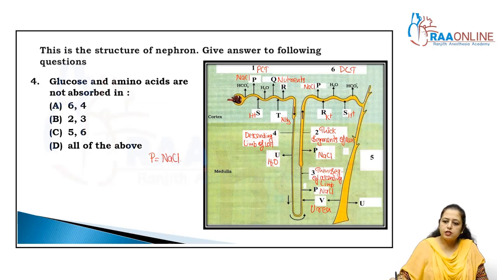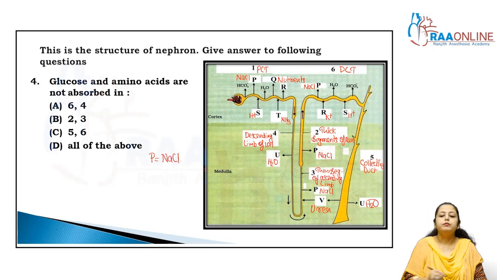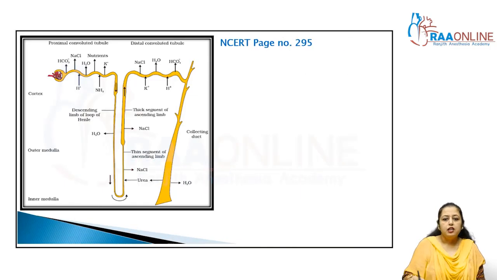That 5 is the collecting duct, and that U is the water. So this is the structure present in the NCERT, page number 295.